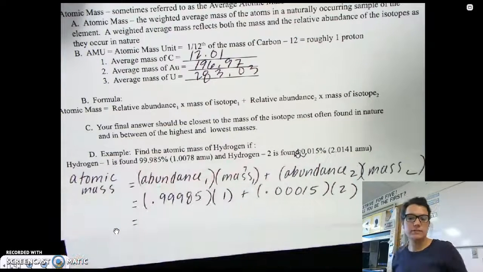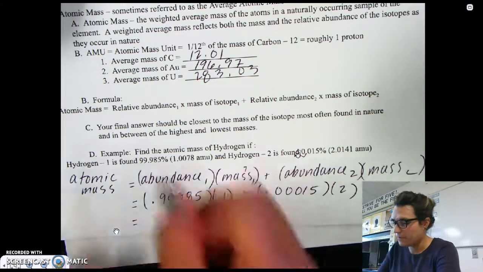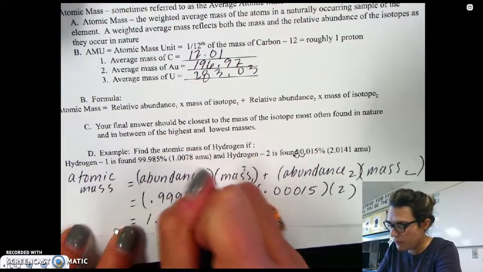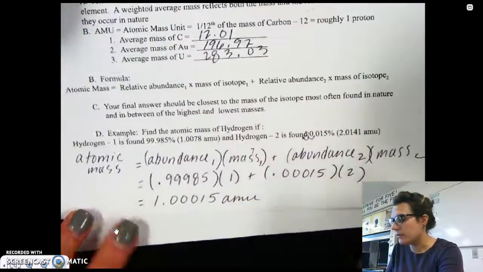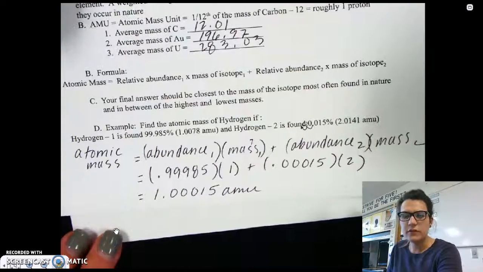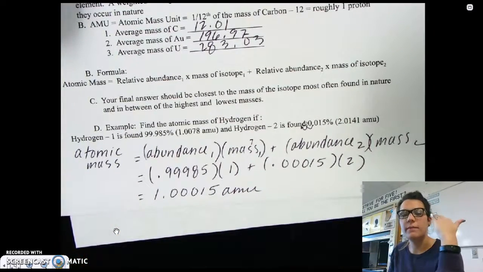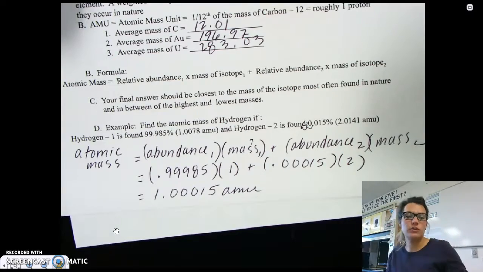Now if I plug this into my calculator, I should get 0.99985 plus, I get 1.00015, okay, AMU.